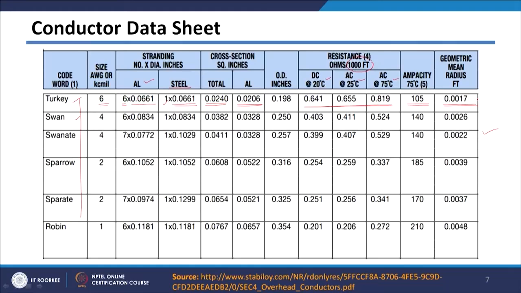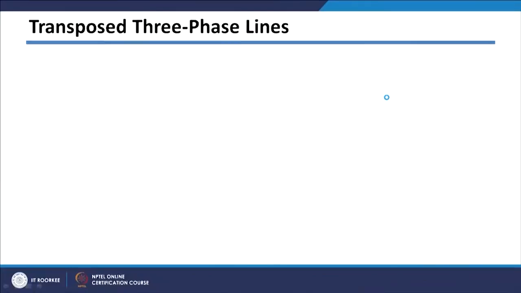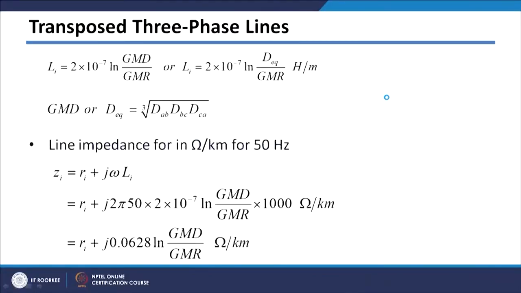And we know that geometric mean radius of the conductor will be required while calculating the inductance of the conductor. So, resistance will be available from data sheets. Let us see how we can calculate inductance of the line, and we have already seen the inductance formula for a transposed line.